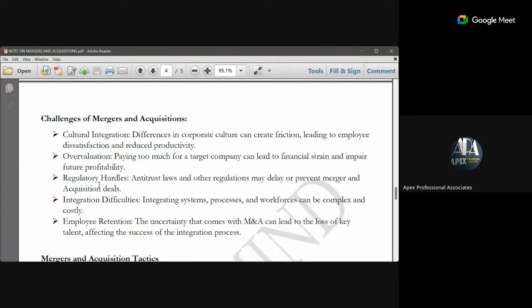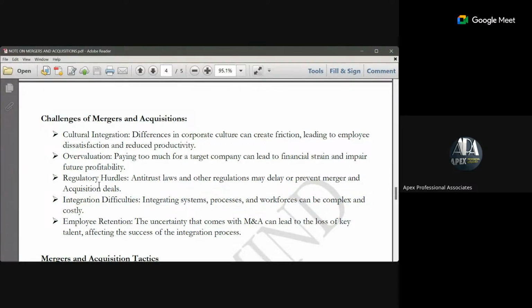This is also one of the issues that might be faced in mergers and acquisition. That is, differences in corporate culture can create friction, leading to employee dissatisfaction and reduced productivity. Maybe for instance, in company A, they work from 8 to 6, but in company B, they work from 8 to 4 o'clock.